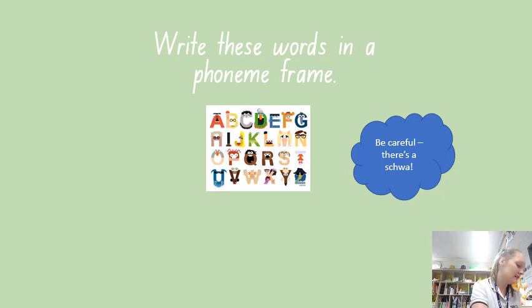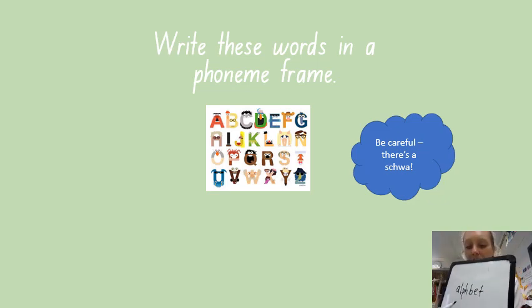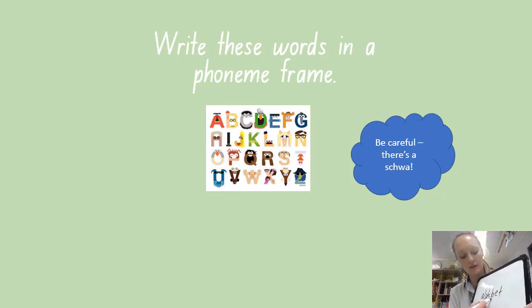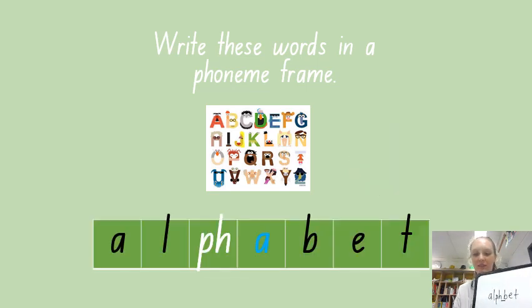So please don't write alphabet because there has to be a vowel group there. It's alphabet. Hopefully you on your board have written something that looks like this. We have the A, the strong A, L, PH, the weak A, remember our tongue's not moving, the B, E, T, alphabet.